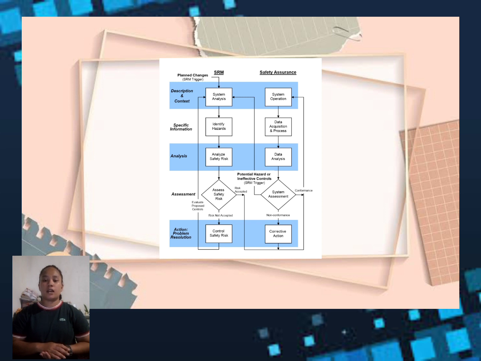When risk is not accepted, the control safety risk step is reached on the SRM side. When a non-conformance is identified, the corrective action step is reached on the safety assurance side.